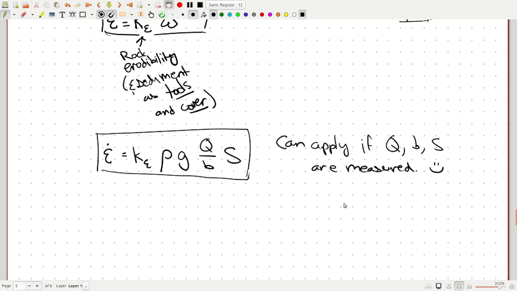So this erosion rate might more conveniently be related to something that we can pull out directly from a map instead of needing to go out and make field measurements. Good news is that we can directly get channel slope from digital elevation models.